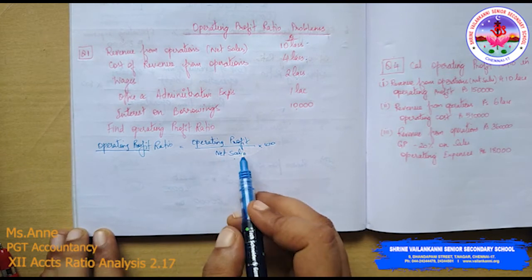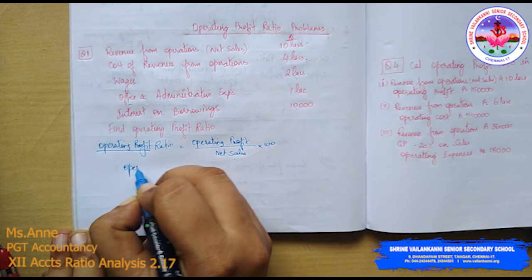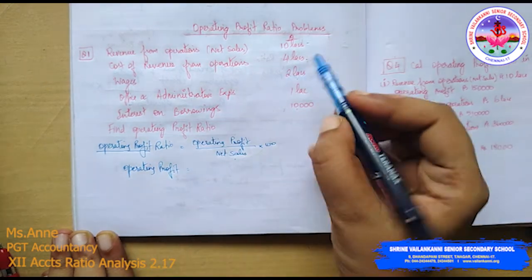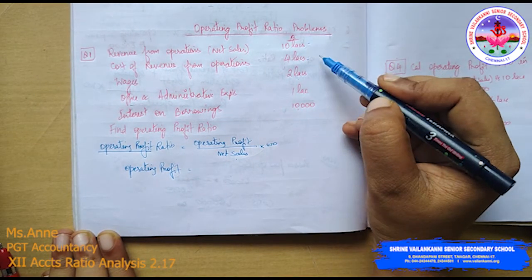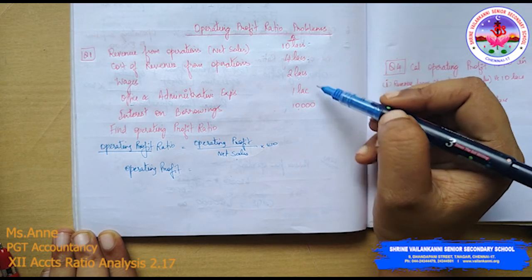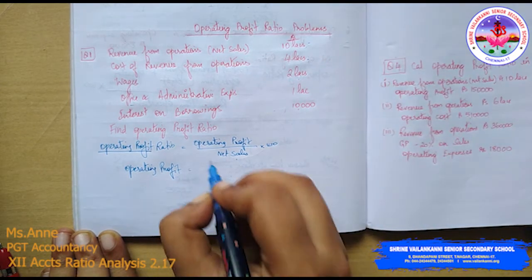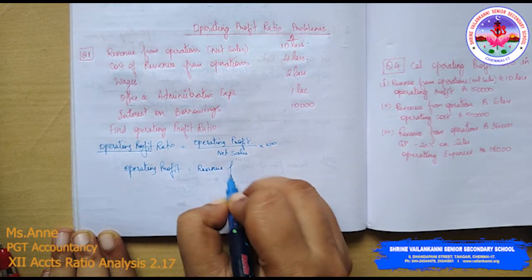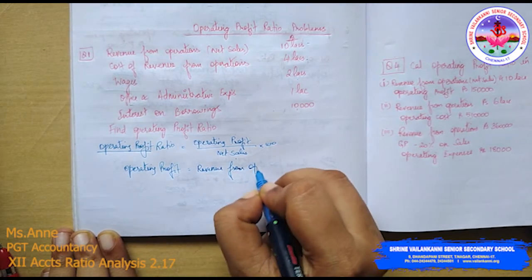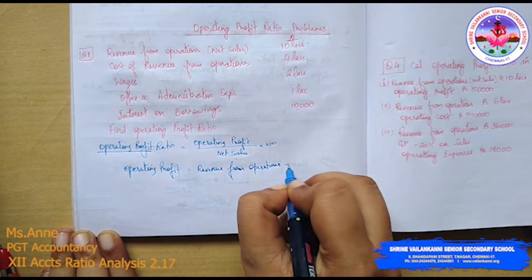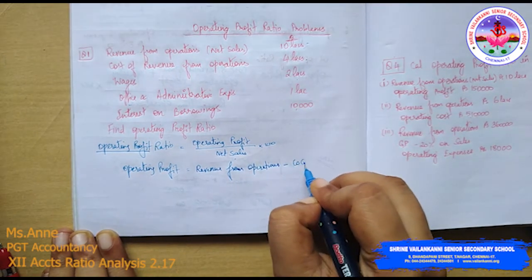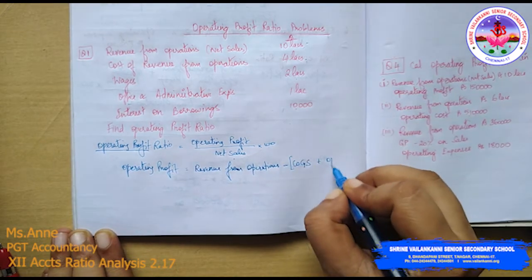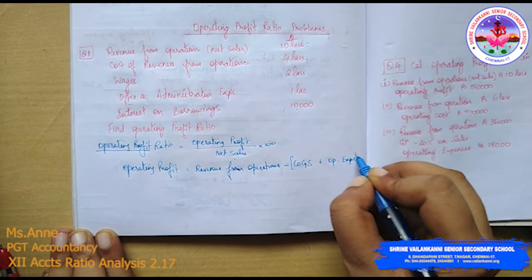Now operating profit is equal to, since net sales is given, cost of goods sold is given, and also operating expenses is given, I am using this formula. You remember this formula when we discussed it: revenue from operations minus cost of goods sold plus operating expenses.